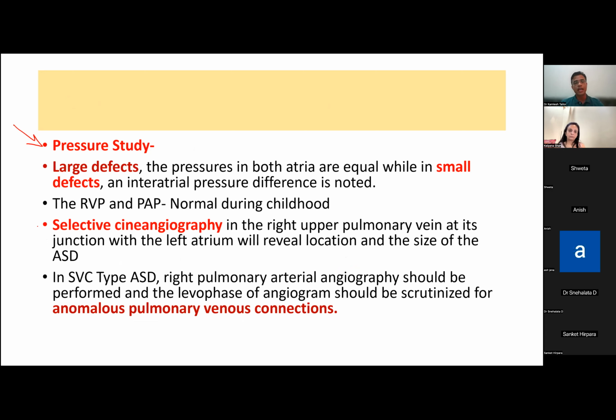And sometimes in adulthood, if a patient comes for device closure or surgical closure, to rule out reversible pulmonary vascular resistance they will perform this kind of study to measure the PAH as well as RV pressures, and then they will give oxygen, or nitric oxide, to see whether there is reversibility of PAH, and only then perform either ASD closure, surgically or by device.